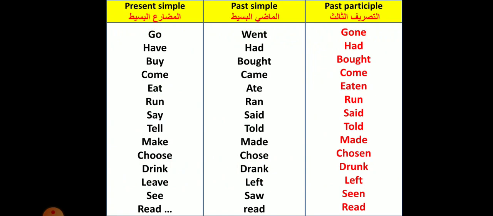Here is a list of irregular verbs in the present simple, past simple, and past participle. So here, verb to go in present simple is went in the past simple. It becomes gone in the past participle.